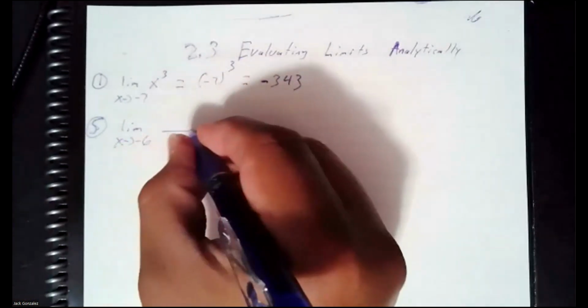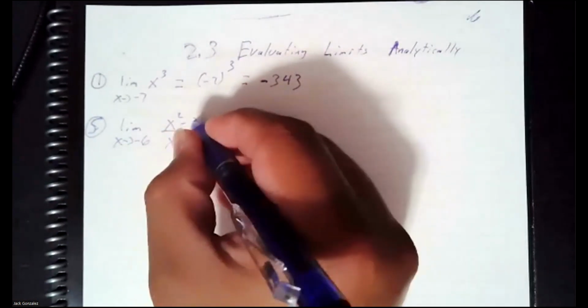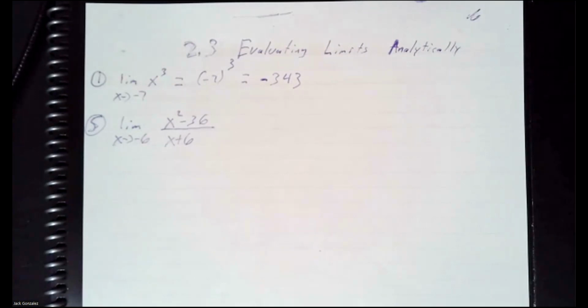You should see that you're going to have a division by 0, right? As x goes to -6, you have x plus 6 down here. Up here we have x squared minus 36. So right away, what do you see down here if you plug in a -6? You get a 0. Yeah, it's a problem, right?